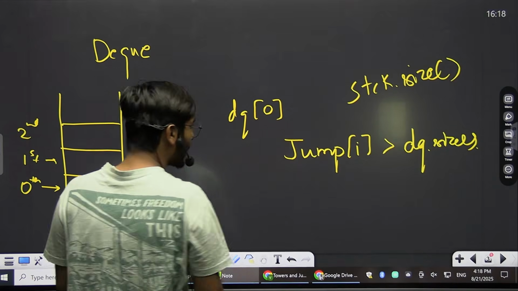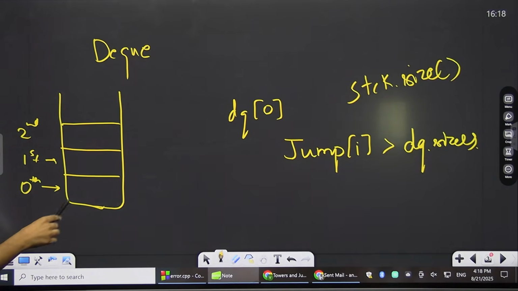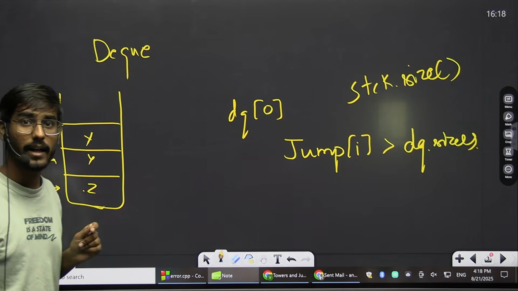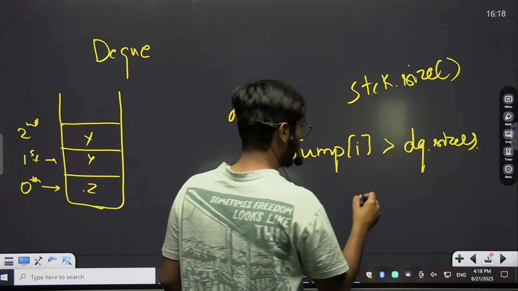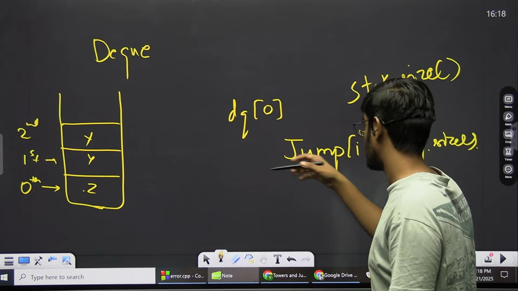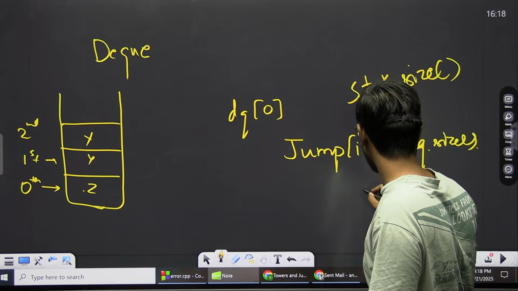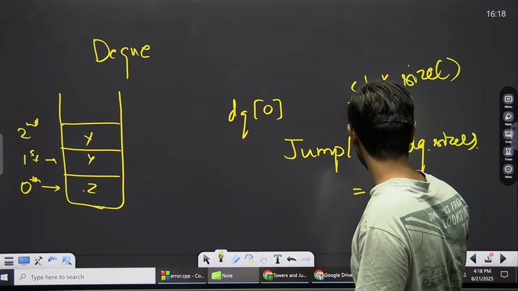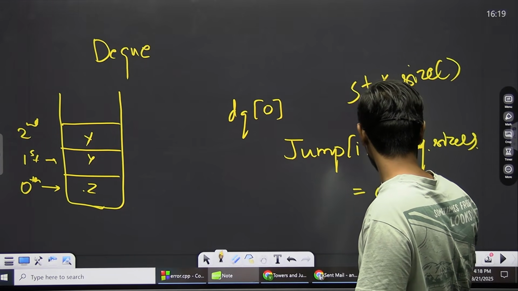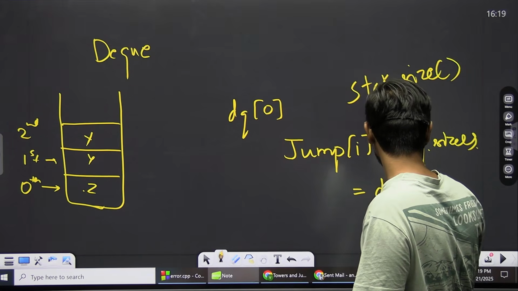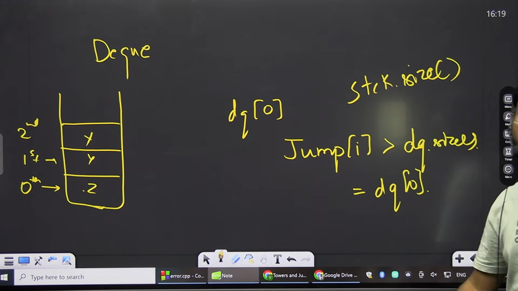then what is the maximum height this person can reach? Whatever element is present here, let's say X, Y, Z, that will be the maximum height one person can reach. So the maximum height the person can reach will be equal to dq of 0.